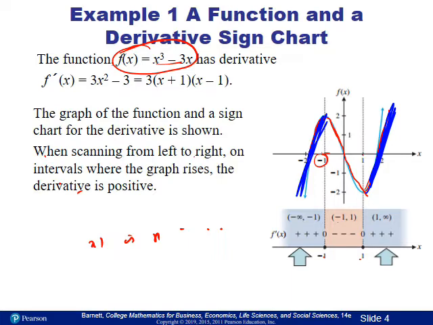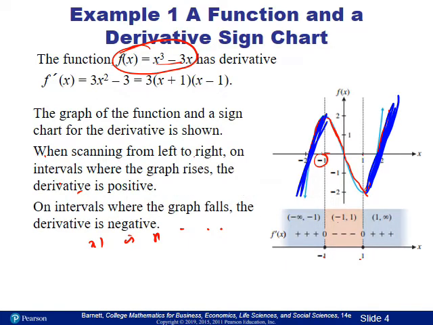So in these areas, from minus 1 till here the derivative is positive, and from 1 onwards the derivative is again positive because the function is again increasing. This is the same thing which is written: on the interval where the graph falls, the derivative is negative.